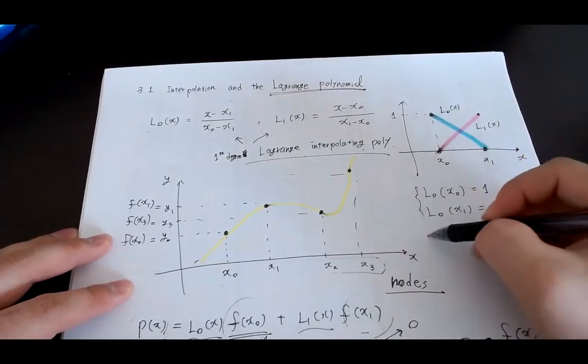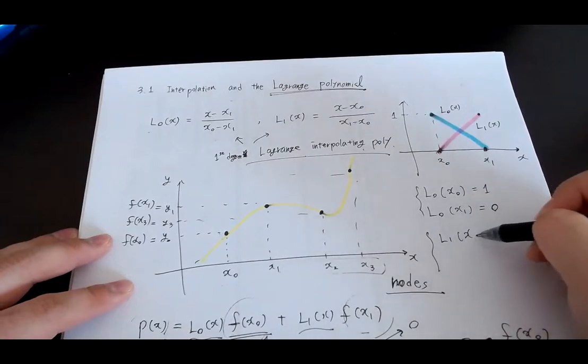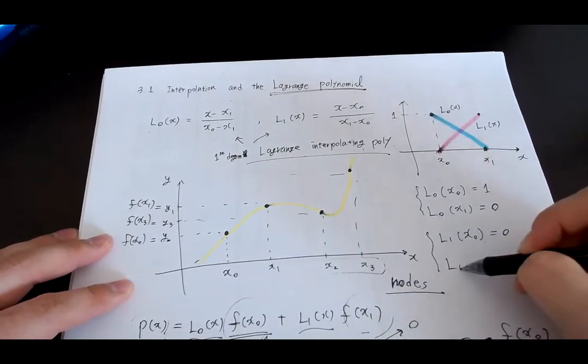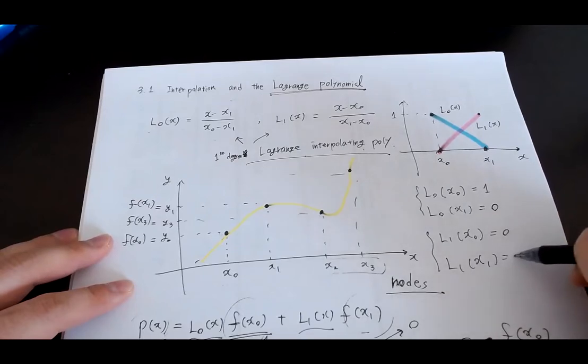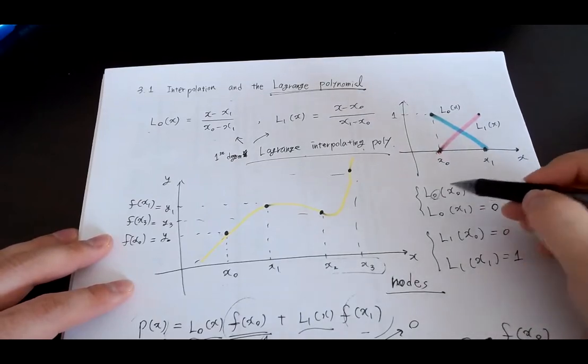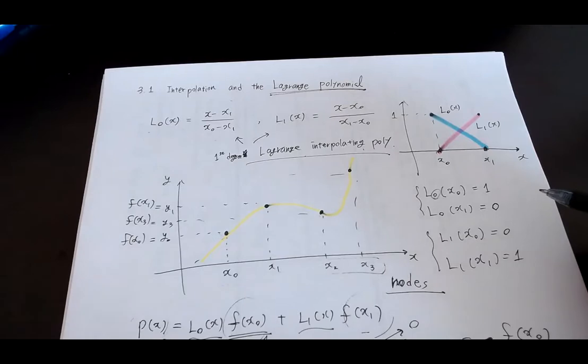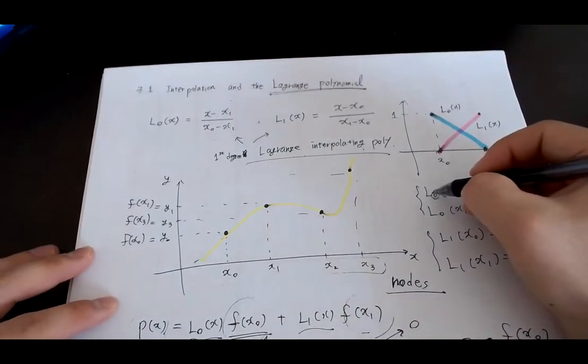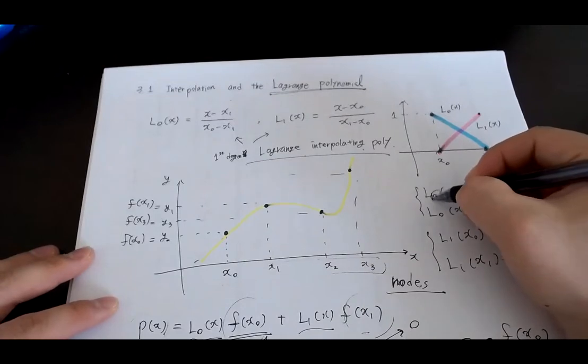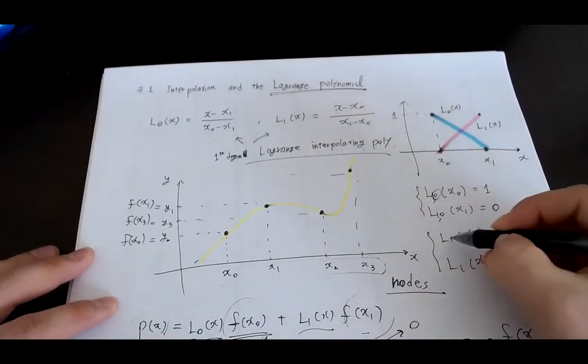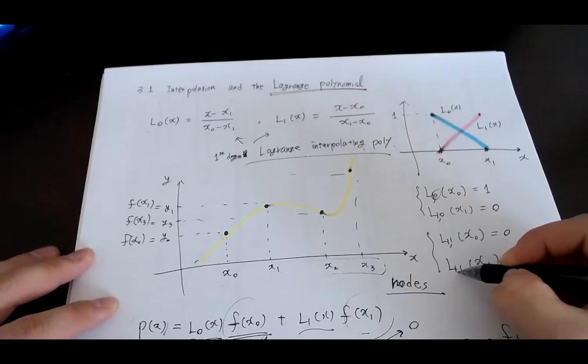And then L1 of x0 is 0, and L1 of x1 equals 1. Following the index notation in the lecture note, this can be written as L1,0 and L1,0, L1,1, L1,1.